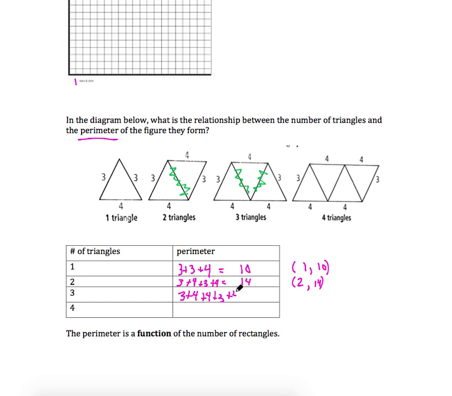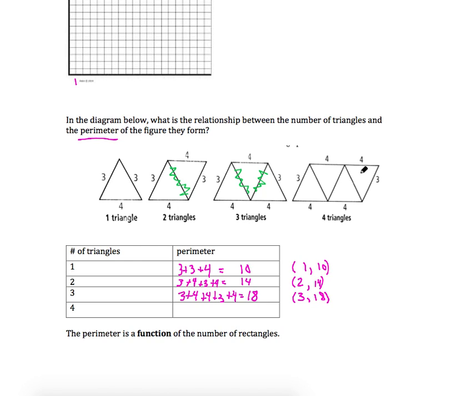So adding that up gets us 3 plus 4 is 7, plus 4 is 11, plus 3 is 14, plus another 4 is 18. Okay, so for this ordered pair, a picture of 3 triangles as drawn above, we have a perimeter of 18.